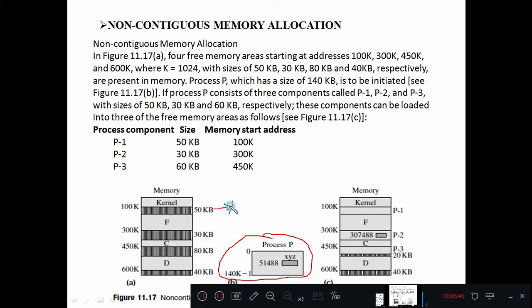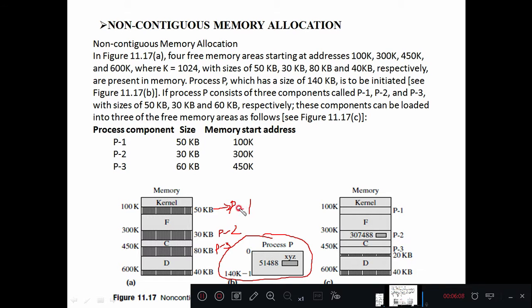One section is called P1, second is P2, and third is P3. The entire process is divided into these three parts, and wherever free space is available in the physical memory, the particular section of the process is stored there.